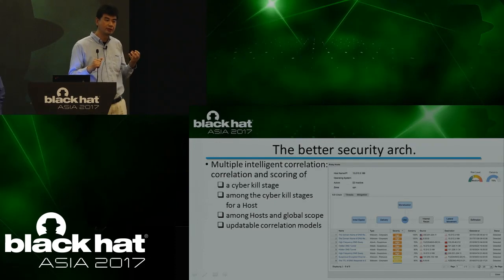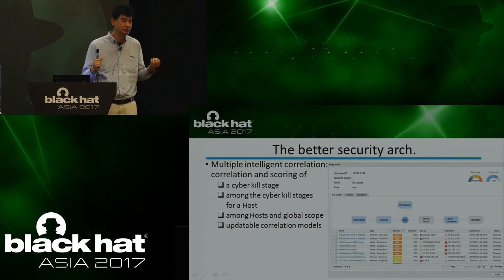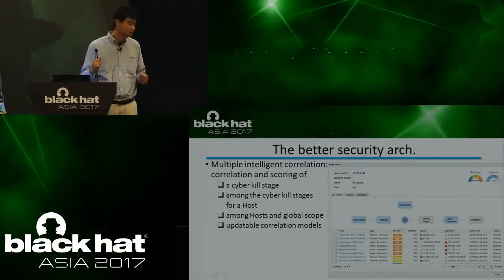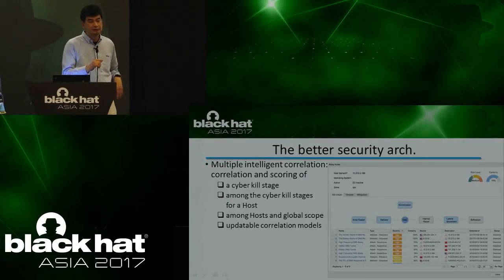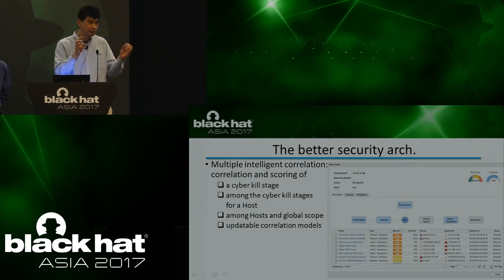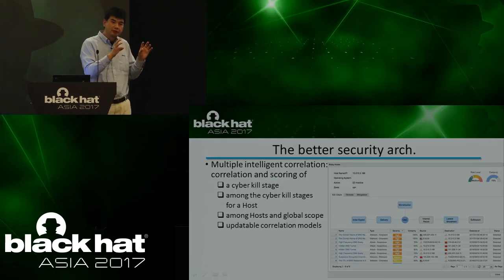Also, for one host, you can do the whole 7-stage correlation. Of course, you need your own model. And back to the global level, you can do the correlation for the whole host. And lastly, the whole model should be updatable because different customers and different sites may have different problems. Some false positives may be okay for other sites.